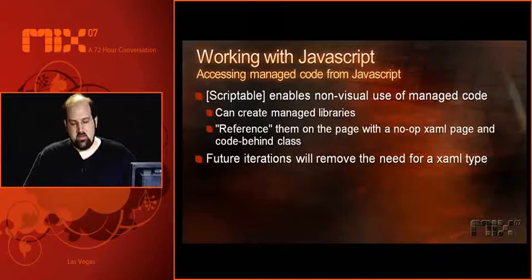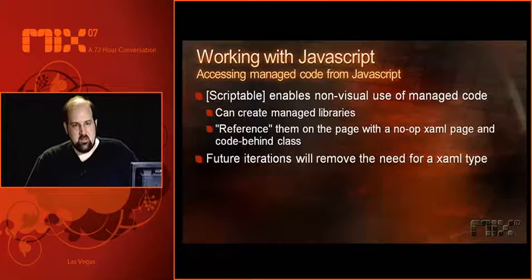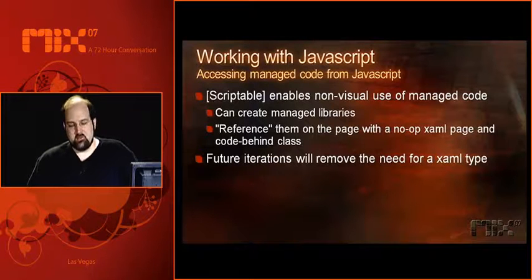And the whole point of it is to give you a way to call into managed code from JavaScript, and in many cases, for you to be able to make use of managed code without necessarily having any kind of XAML-based UI.